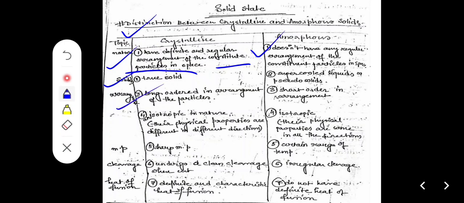Arrangement: there should be long range order in the arrangement of particles in crystalline structure, and in amorphous there should be short range arrangement. Okay, crystalline is anisotropic in nature, means their physical properties are defined in defined directions. Okay, that's why it is called anisotropic.